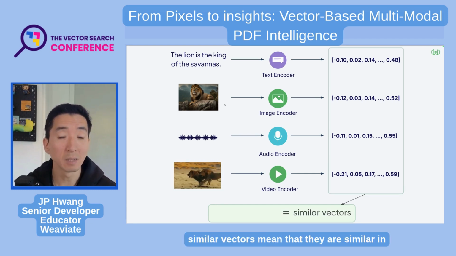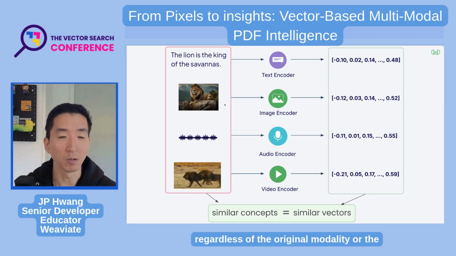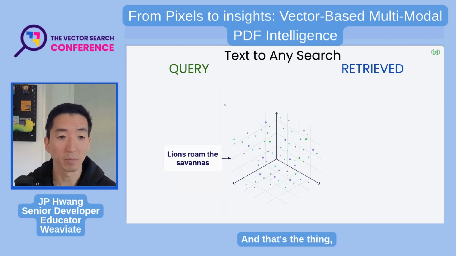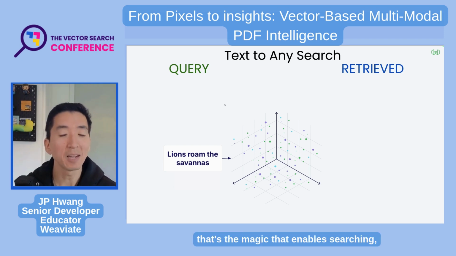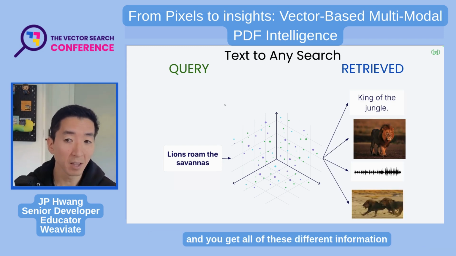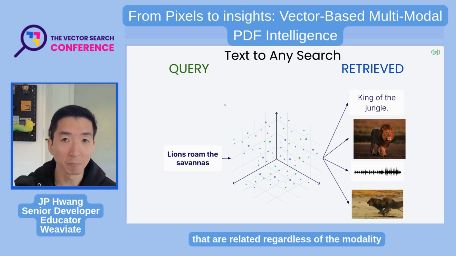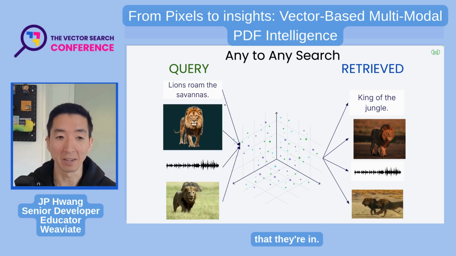So again, similar vectors mean that they are similar in meaning, regardless of the original modality or the form of the information. That's the magic that enables searching. You can search for the words lions roam the savannas, and you get all of this different information that is related regardless of the modality that it's in.